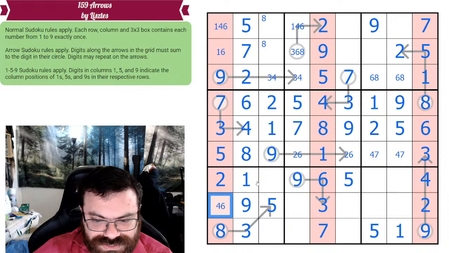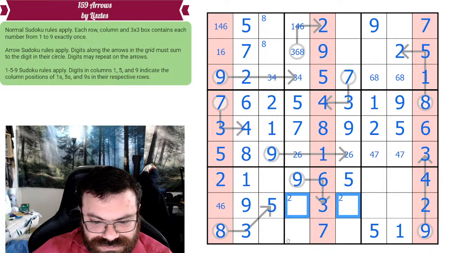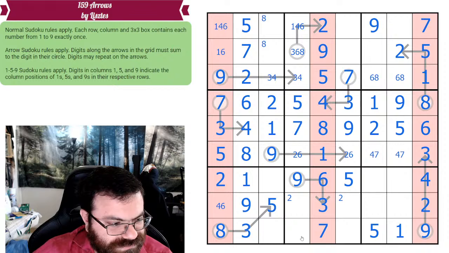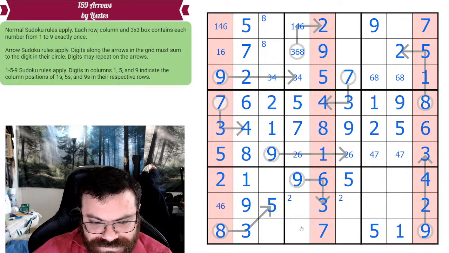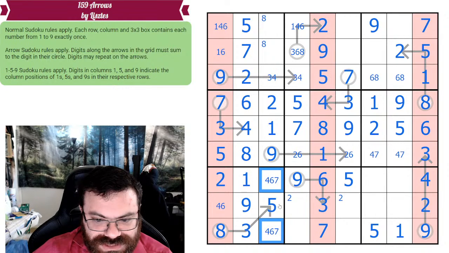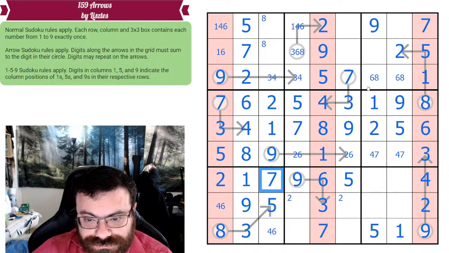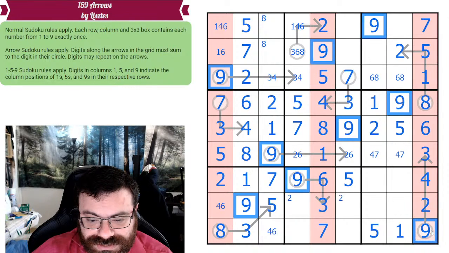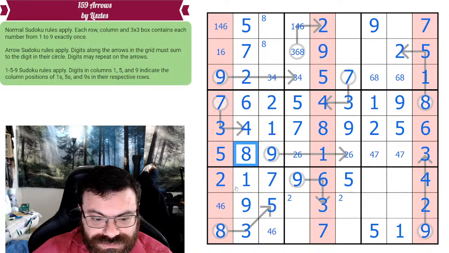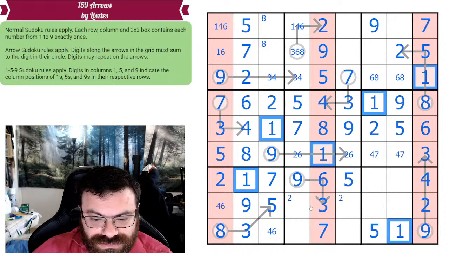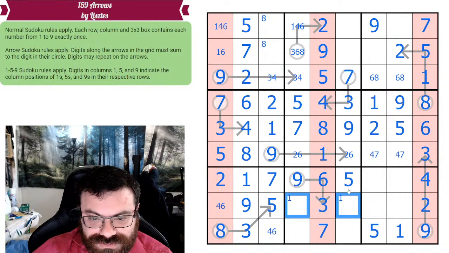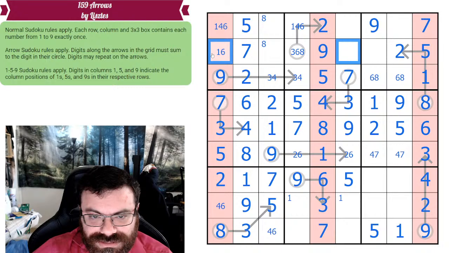This is 4 or 6. There's a 2 in one of these two. These are from 4, 6, 7. That's not a 7. So the 7 goes here. Do I have all my 9s? 1, 2, 3, 4, 5, 6, 7, 8. Yes. Oh, why did I say 2 is one of those two? 1 isn't one of those two. 1 is either here or here.